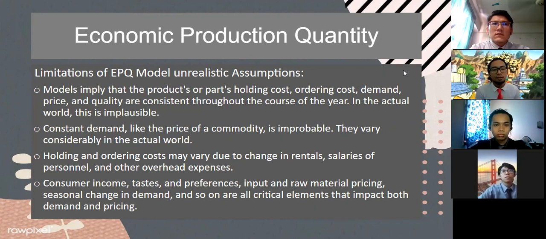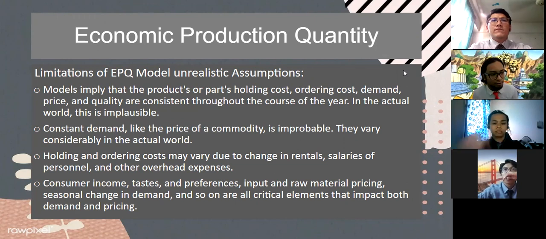They vary considerably in the actual world. Holding and ordering costs may vary due to changes in rentals, salaries of personnel, and other overhead expenses. Consumer income, taste and preferences, input and raw materials, pricing, seasonal change in demand, and so on are all critical elements that impact both demand and pricing. Next slide, we continue with the example.